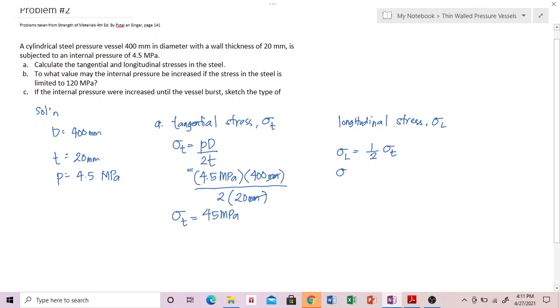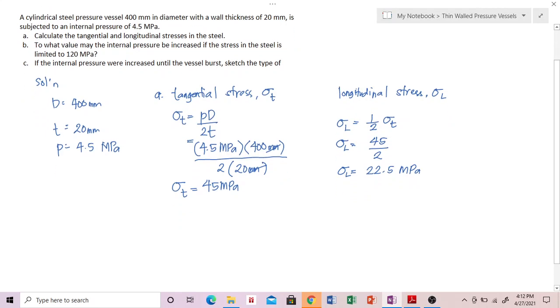So, simply, pwede na nating i-divide yung tangential stress by 2. 45 divided by 2, magkakaroon ka ng longitudinal stress equivalent to 22.5 megapascal. So, we have already answered part A ng problem number 2. Punta tayo sa part B.